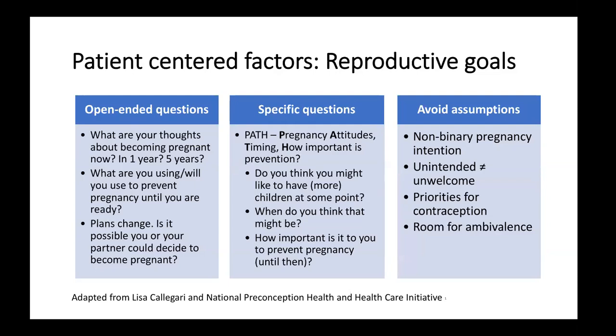And then lastly, and most importantly, it's important to avoid assumptions. With pregnancy intention, unfortunately the language is problematic because it makes it seem like a binary thing where things are either intentional or unintentional. But there are plenty of patients who, as I described, don't necessarily plan to get pregnant, but would be happy to keep a pregnancy if they were to get pregnant.